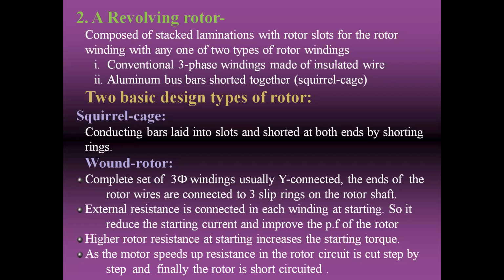We add the resistance during starting, so that it reduces the starting current and improves the power factor. Higher rotor resistance at starting also increases the starting torque. When the motor gets started and reaches 70-80% speed, the external resistance is cut out. Finally, the rotor gets short circuited.